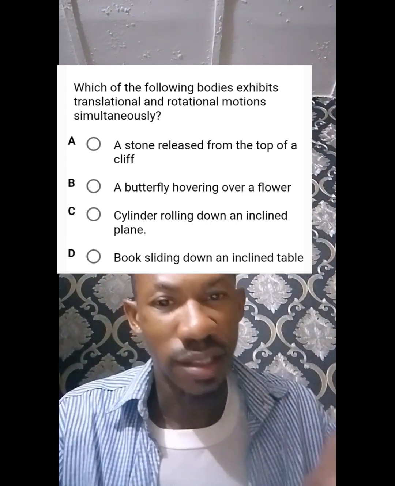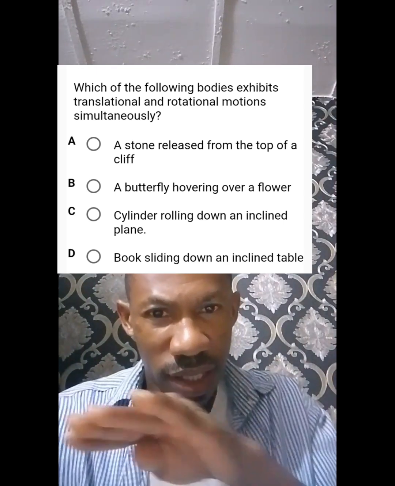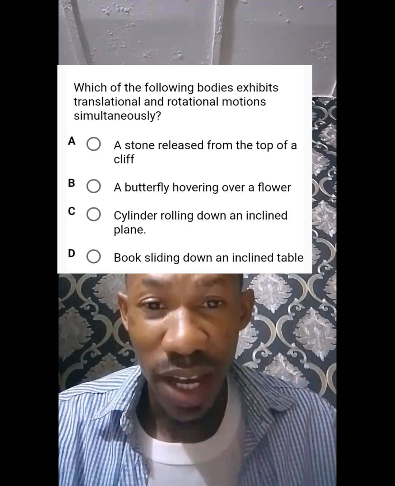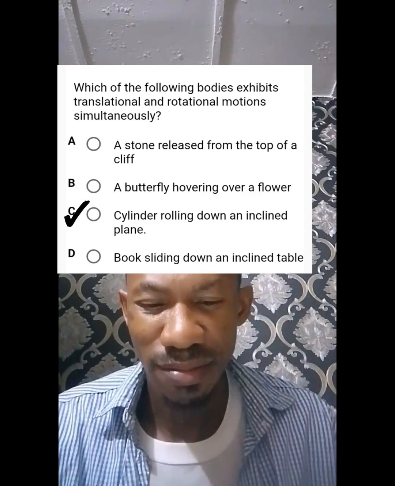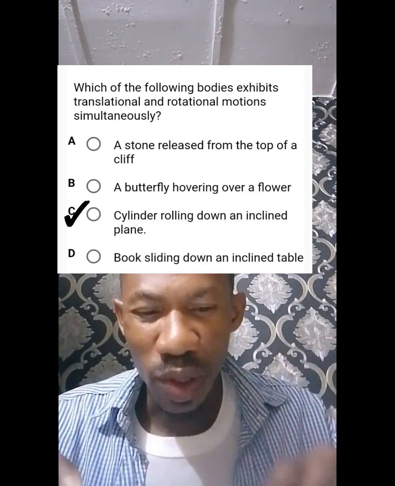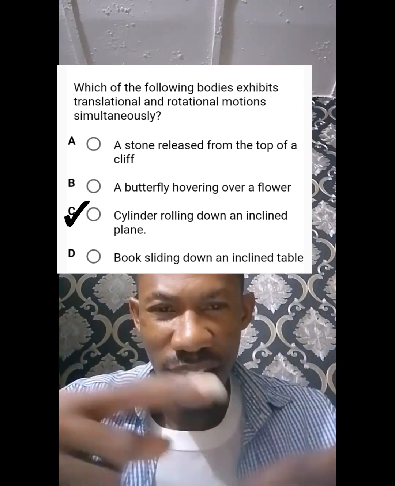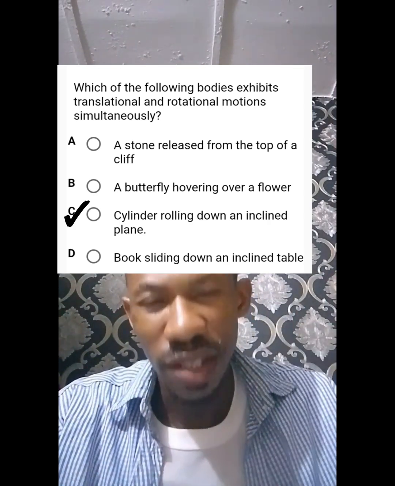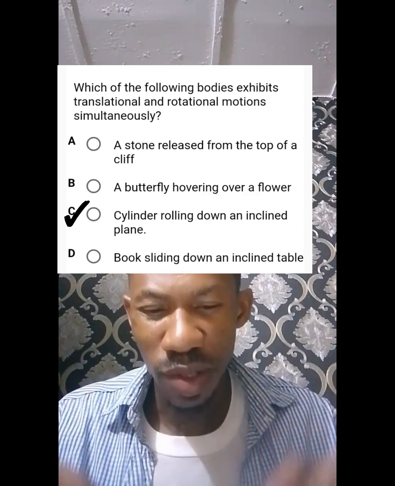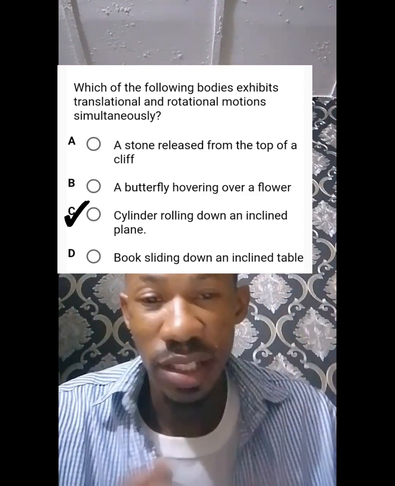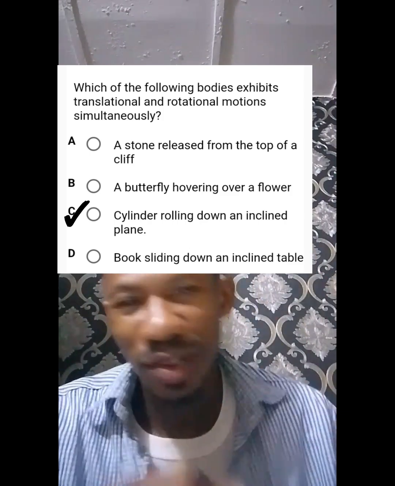The book is sliding and not rotating. So if I'm to pick an answer from here, my answer is C. The cylinder rolling down an inclined plane is rotating and at the same time moving from one place to another, so it exhibits both translational and rotational motion.